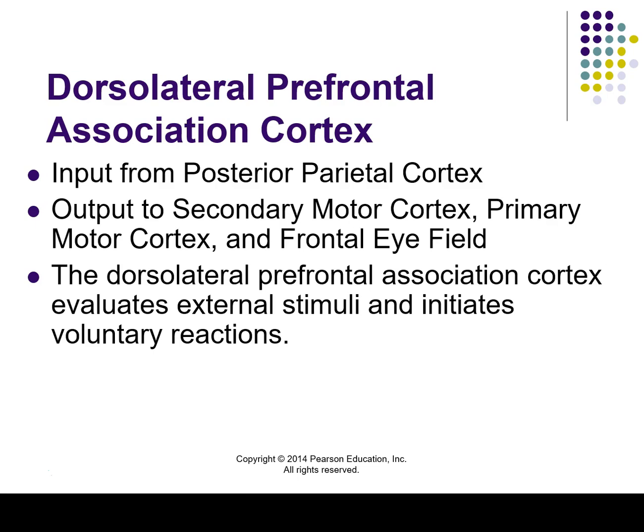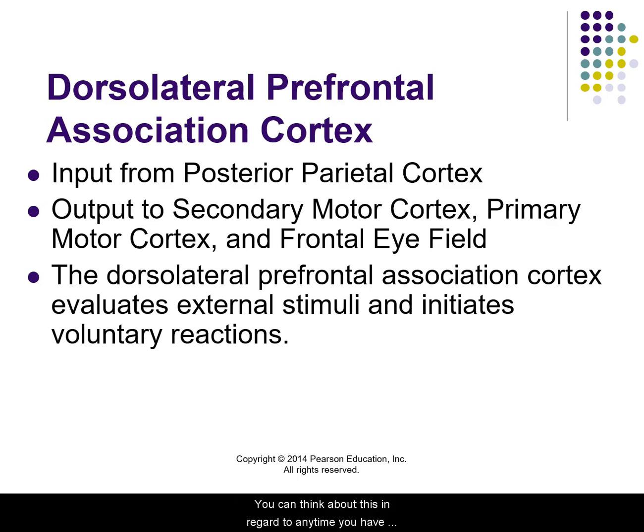You have input from the posterior parietal cortex, and output to secondary cortex, primary cortex, and the frontal eye field. The dorsolateral prefrontal association cortex evaluates external stimuli and initiates voluntary reactions.